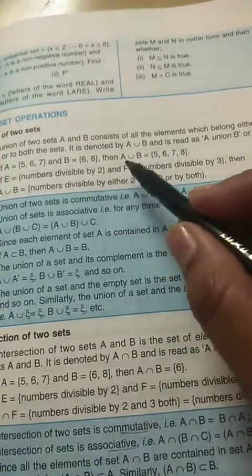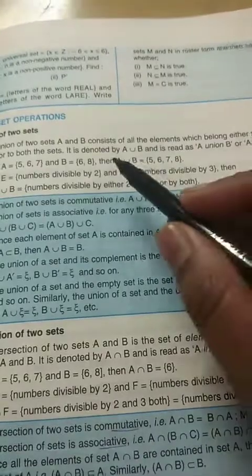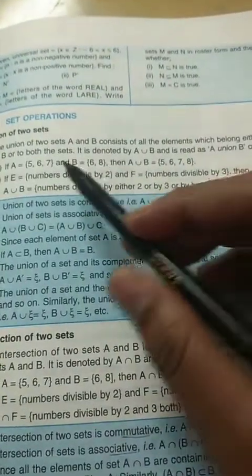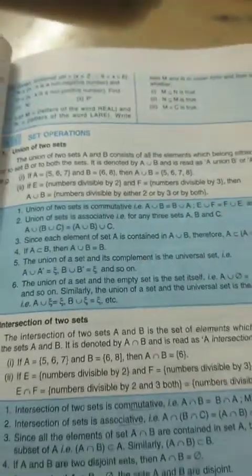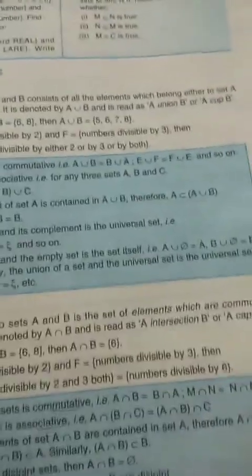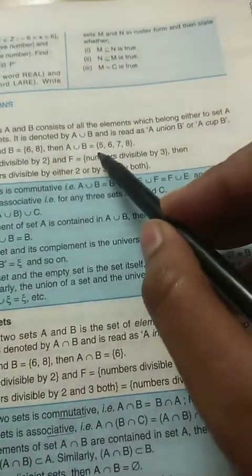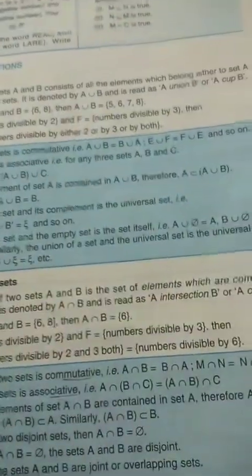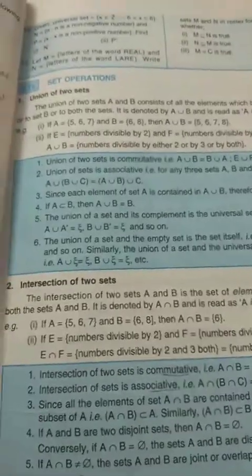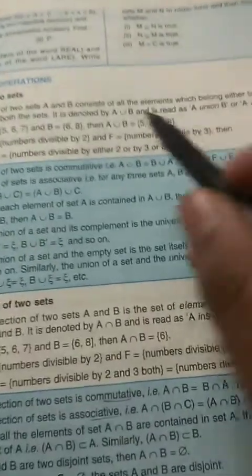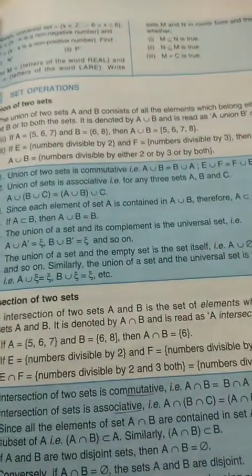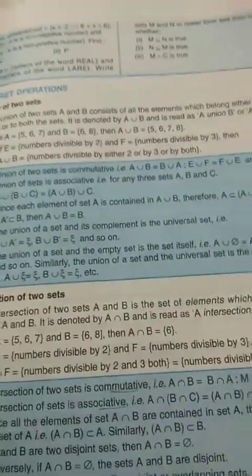So A union B will contain all the elements of A and all the elements of B, but the elements which are repeating, you write only once. So it is 5, 6, 7, 8. Here you can see 6 is repeated, so you just write it once. This is the union of the sets.